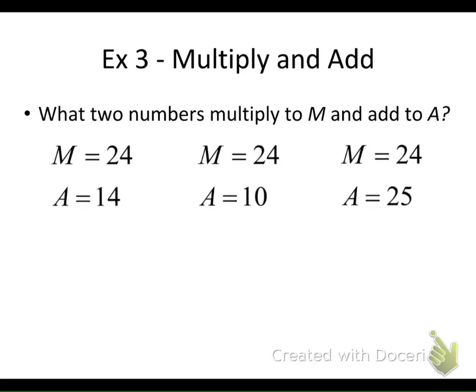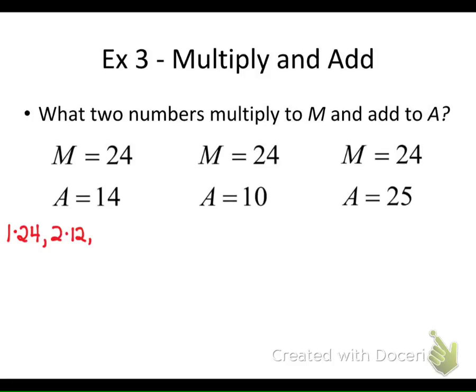So, okay, let's start with 1. Trevon, I heard you say it. 1 times what is 24? Very good. 1 and 24. What about 2? 2 times what is 24? 2 and 12. What about 3?